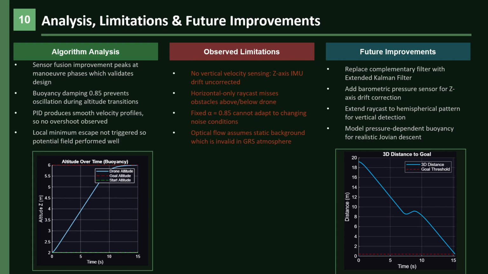I'd also like to add a barometric pressure sensor, which can be used to fix the z-axis IMU drift by constantly determining how high the drone is by utilizing pressure.